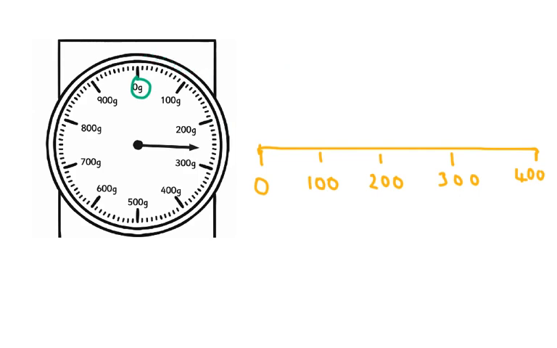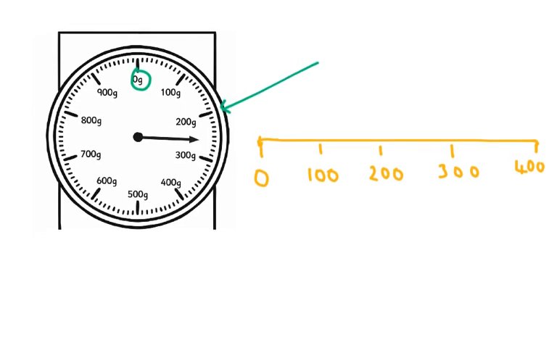What does my scale read? So we've got 200 here and 300 here. So I'm going to count in tens starting from 200. 210, 220, 230, 240, 250, 260.